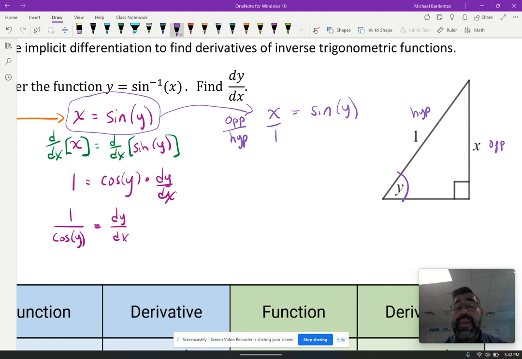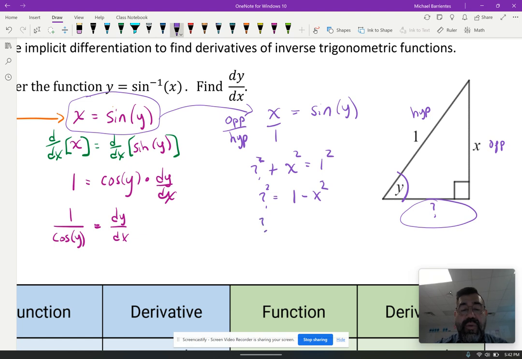Not only that, using the Pythagorean theorem, I can figure out this side of the right triangle. And so I would say the side that I'm missing squared plus the other leg squared equals the hypotenuse squared. Or you could say the question mark squared, this one that I'm missing, is 1 minus x squared.